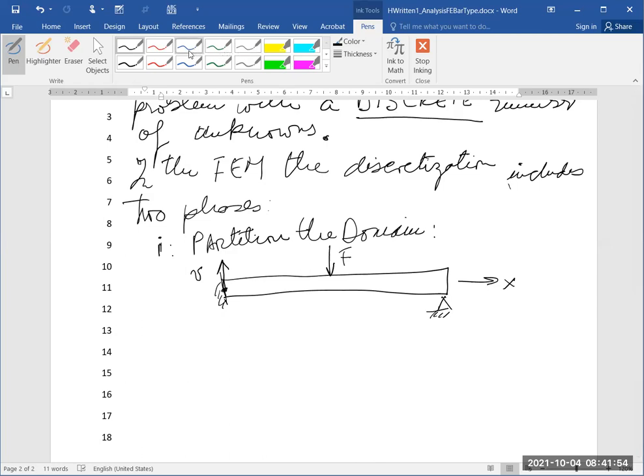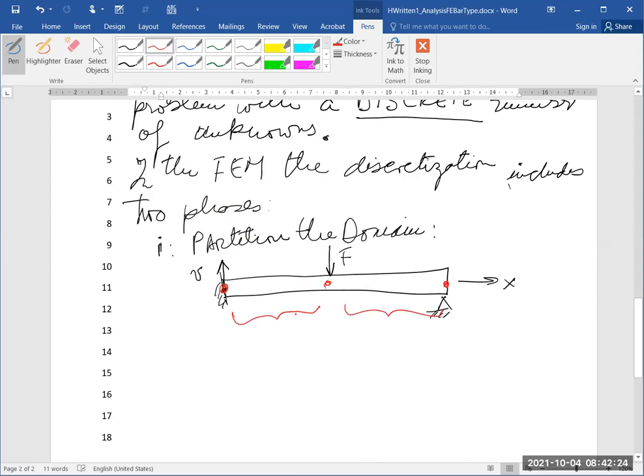Now, instead of doing that, let me change color, and we're going to partition the domain. So instead of taking the whole thing, we partition there. We're going to go from here to here, and from here to here. So this is the first partition, and this is the second partition.